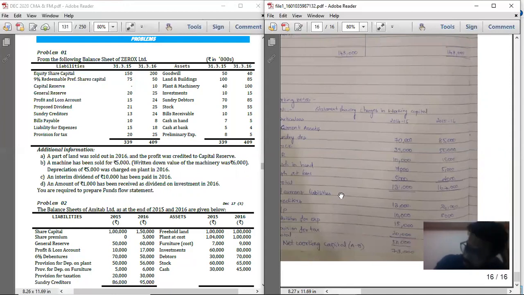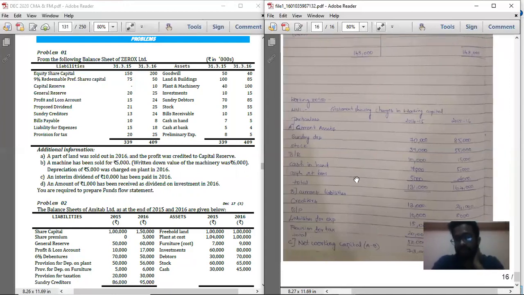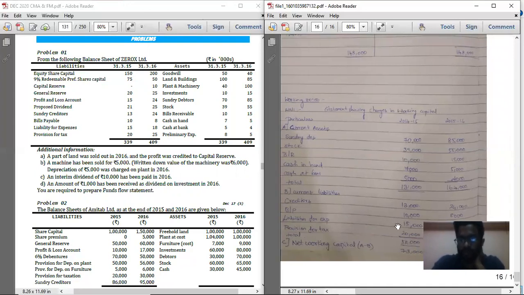Now total the current liabilities for 2014-15. How much are you getting? 13,000 plus 10,000 plus 15,000 plus 20,000, you are getting 58,000.